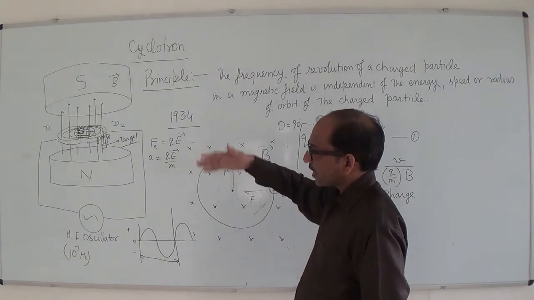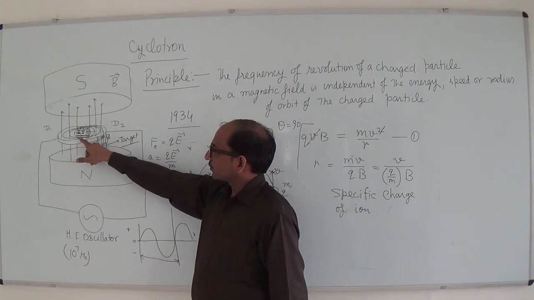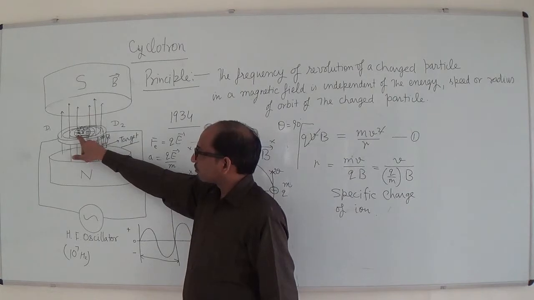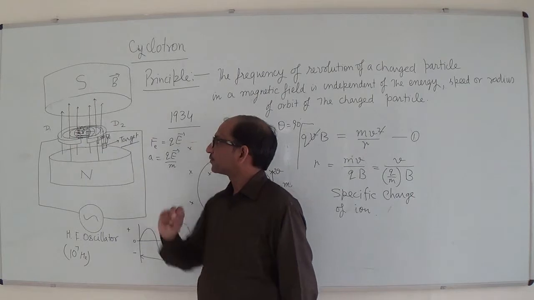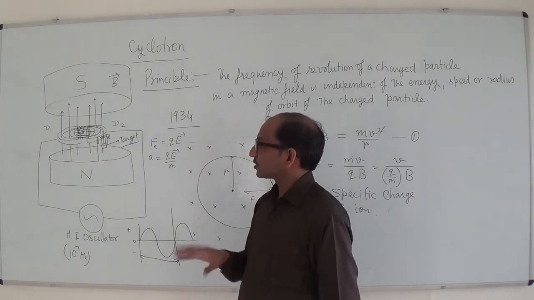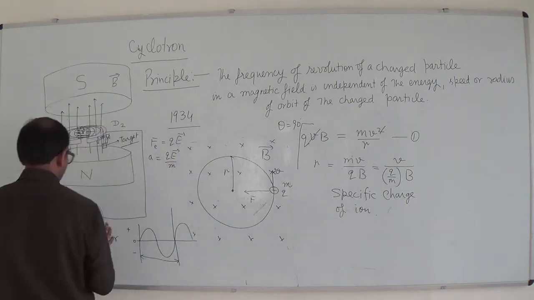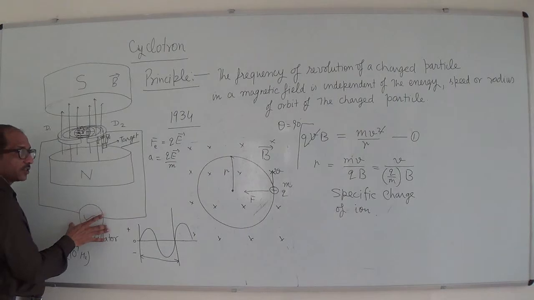Here we have seen that the time taken by the ion to complete a small semicircle and a bigger circle in a particular D is the same, and that time matches with the frequency of the oscillator.